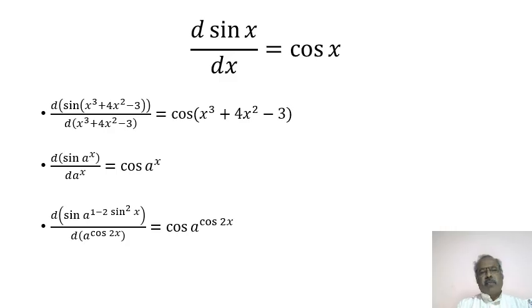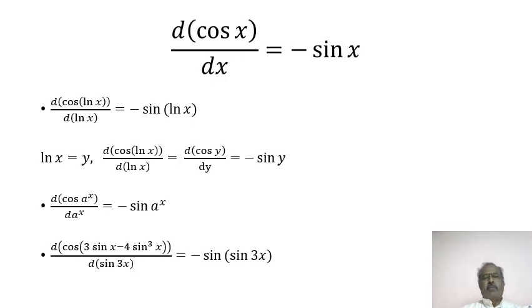So sine of a raised to 1 minus 2 sine square x is same as a raised to cos 2x. If you recognize this, then the form becomes d sin x by dx, and you will have the derivative as cos of a raised to cos 2x.